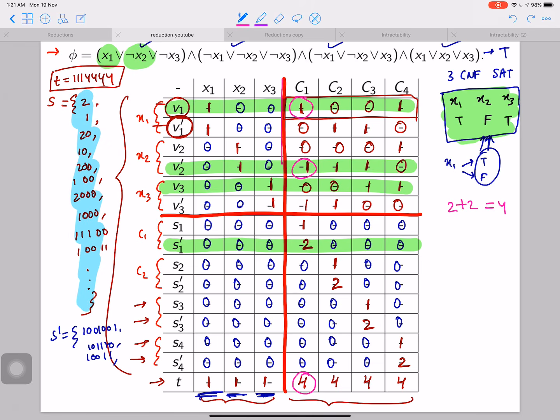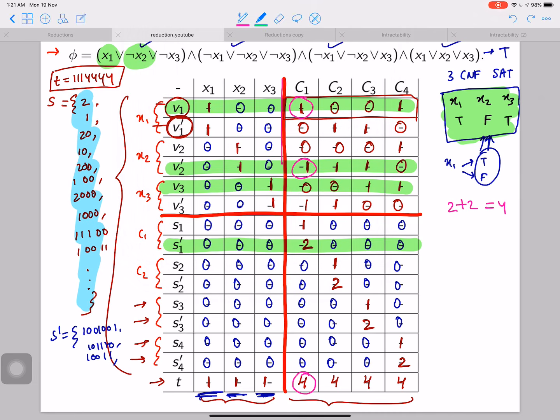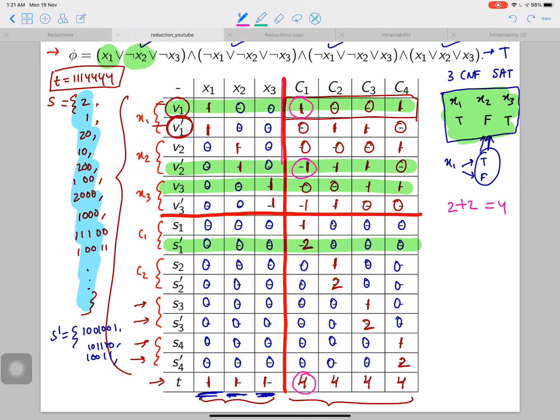Now let us see the column C2. We see that C2 is satisfied by x2 being false, and that gives it 1.